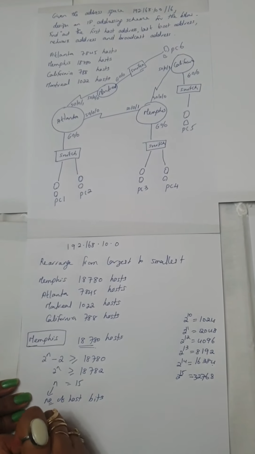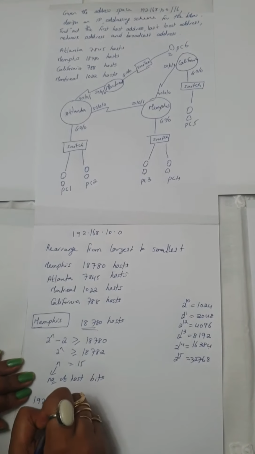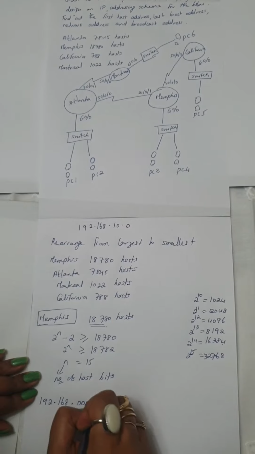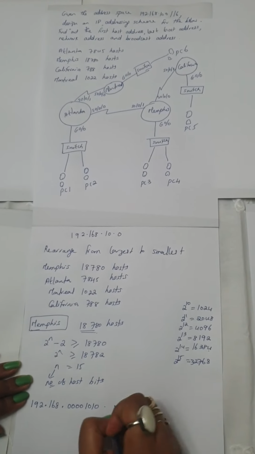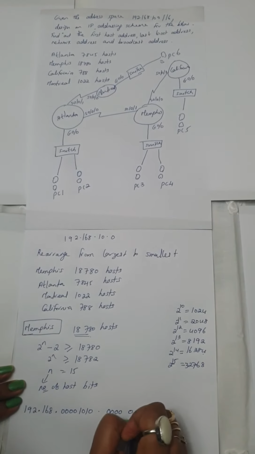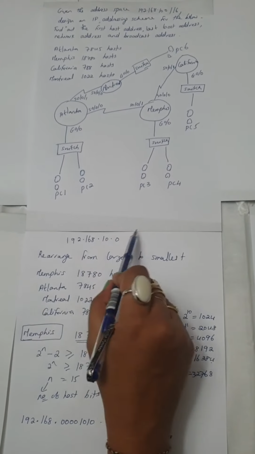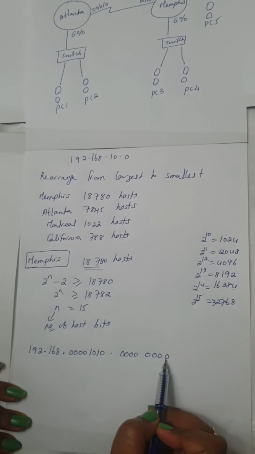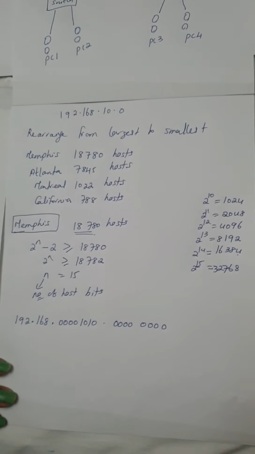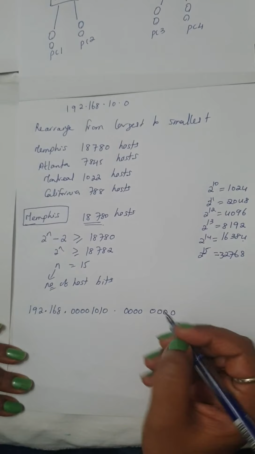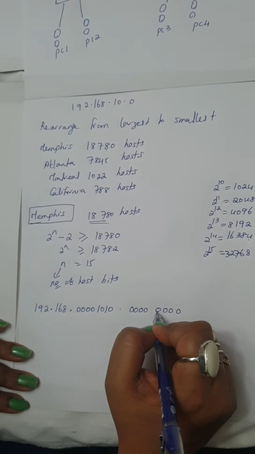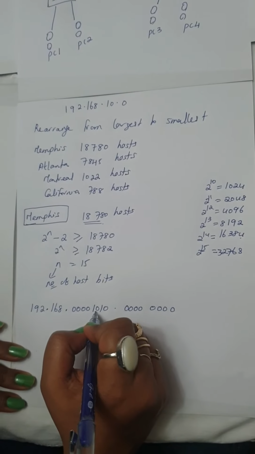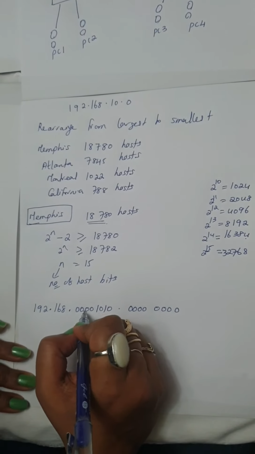So see here, 192.168. How do we represent 10? This way. In binary, we represent 10 this way. Then we have this, which is the 0. So I take the IP address, that's one way of doing it. Then 15. I start from the right side, I start counting. 1, 2, 3, 4, 5, 6, 7, 8, 9, 10, 11, 12, 13, 14, 15.